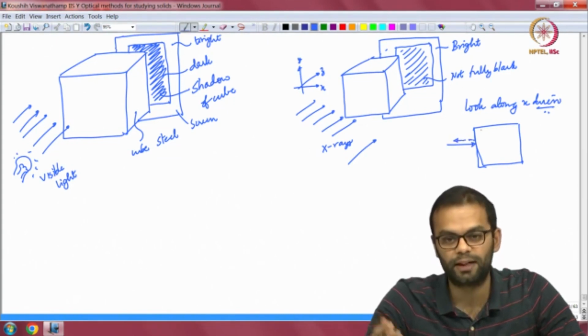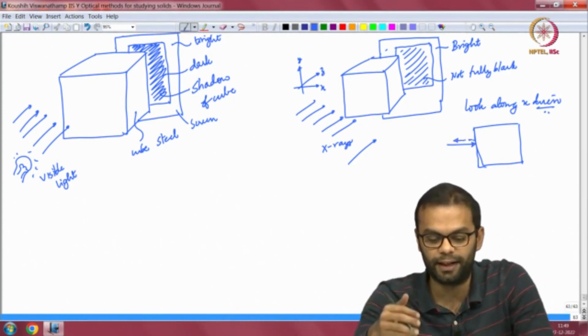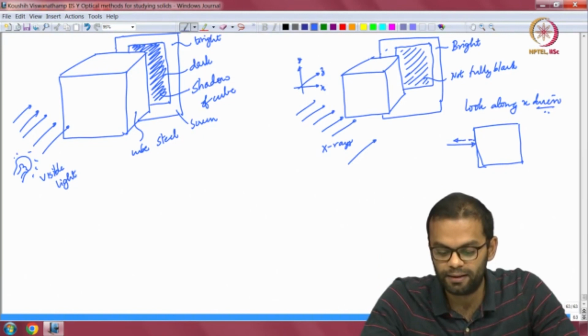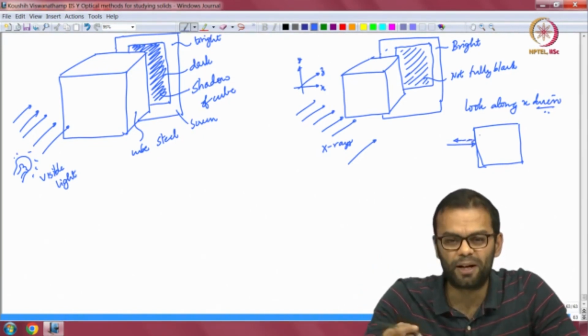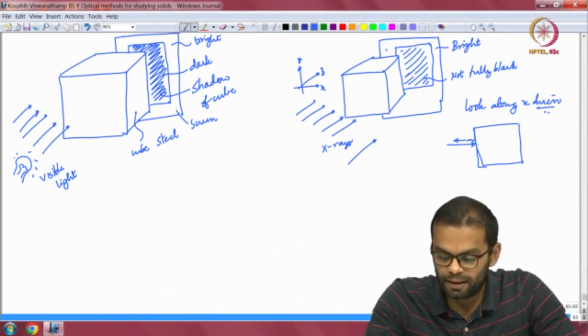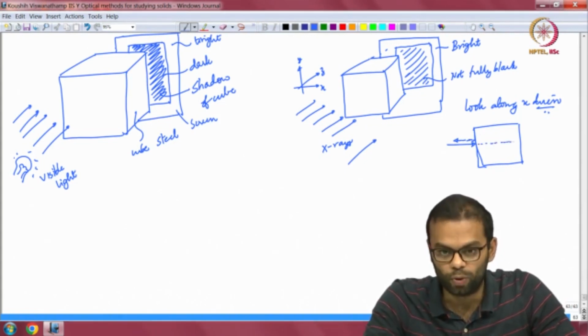Metals are reflective in the IR, they are reflective in the X-ray region also to varying degrees. In the optical they are most reflective, which is why they are shiny. So, some part of it is reflected from the surface, and the remaining is going through.